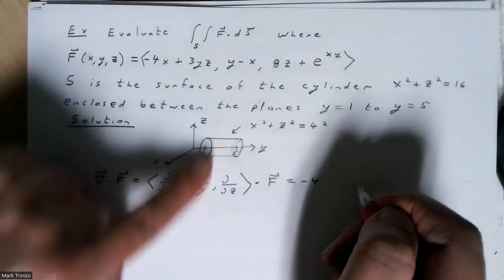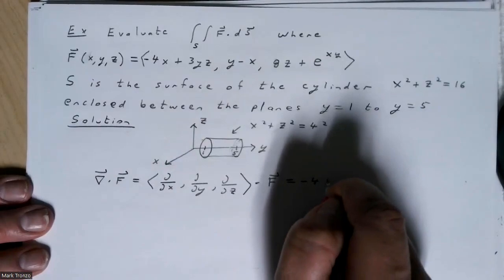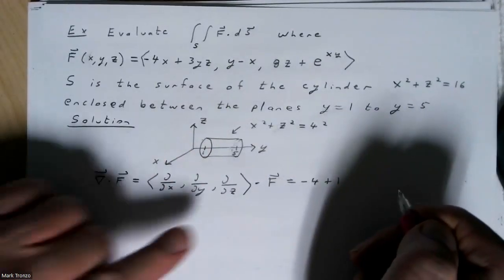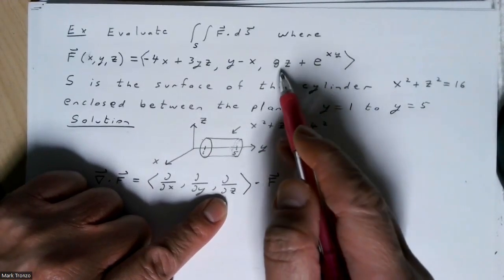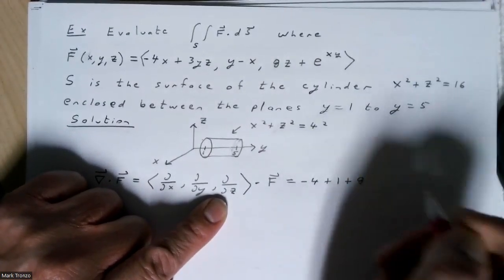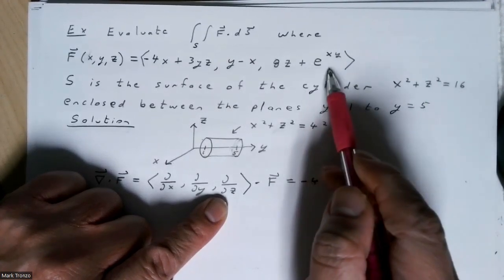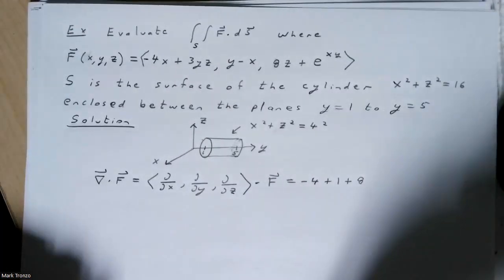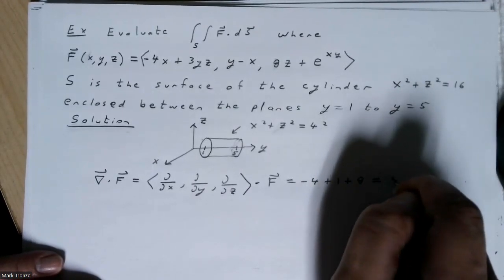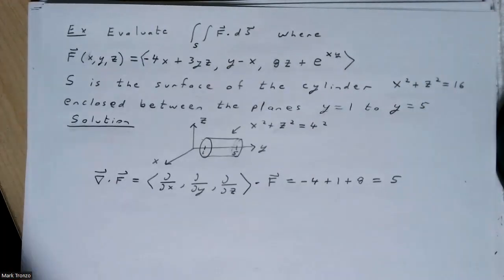Then the derivative of this with respect to y is going to be 1 plus 0. And then the derivative of this is going to be 8, and the derivative of the last term is going to be 0. So we're going to have 9 minus 4, which is 5.